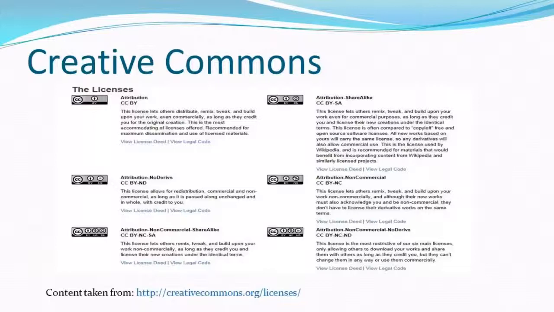Let's talk a little about Creative Commons copyrights. Creative Commons materials can be very useful, as they have far fewer restrictions on them with regards to copyright. In this slide, you can see the various different flavours of Creative Commons licensing. All of them allow the distribution of works with various caveats.